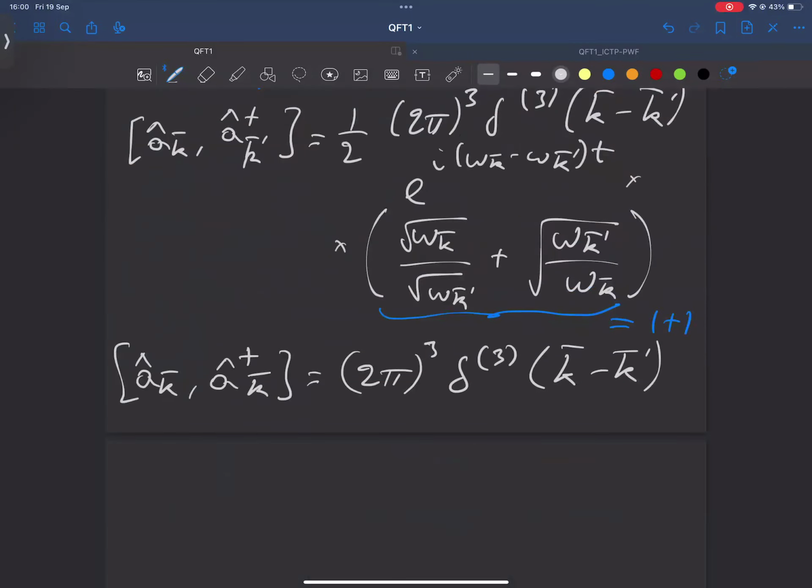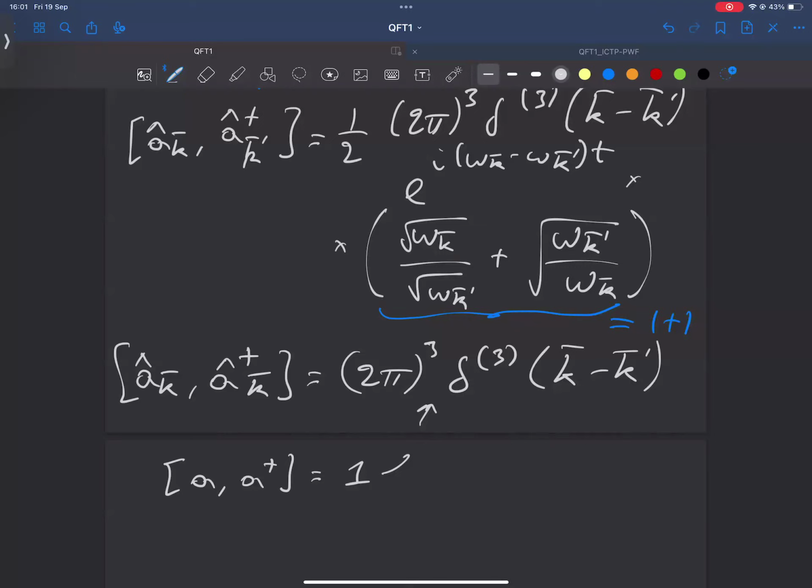So this says that just as we had in the simple harmonic oscillator, this relation generalizes in the operator valued field case to commutation relations like this. And if you do this, you can show that this is what we get.